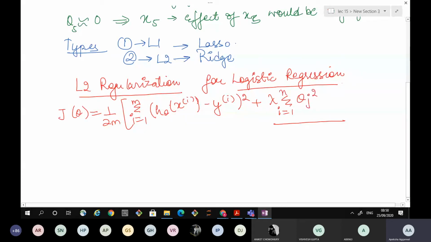I want to regularize this. Okay, so this is the regularization term.